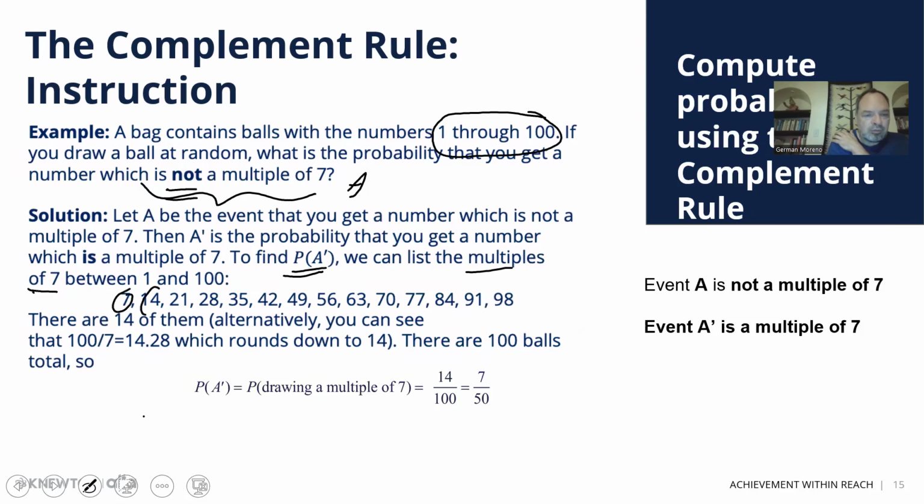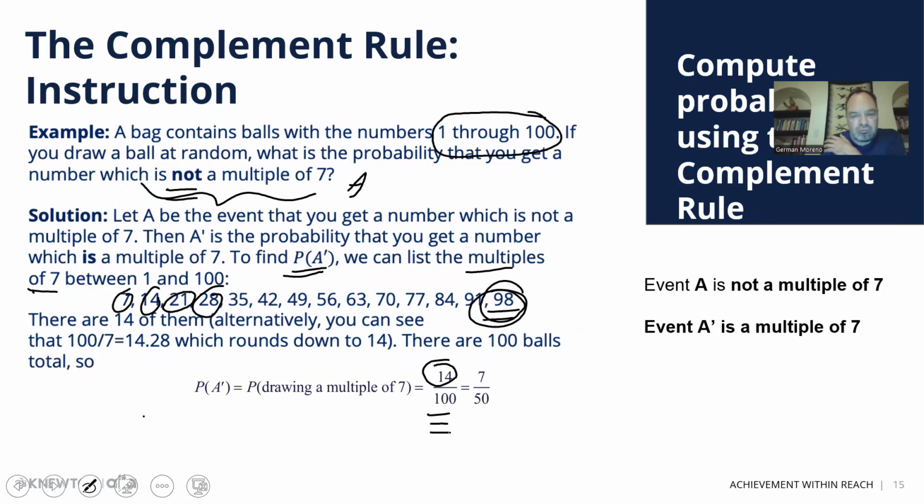So 7, 14, and so on, right? 7 times 3 is 21, 7 times 4 is 28, all the way to 98. And so you can count that. That's pretty easy to count. 1, 2, 3, 4, 5, 6, 7, 8, 9, 10, 11, 12, 13, 14. So that's where we get this 14. There are 100 numbers, so 14 out of 100.